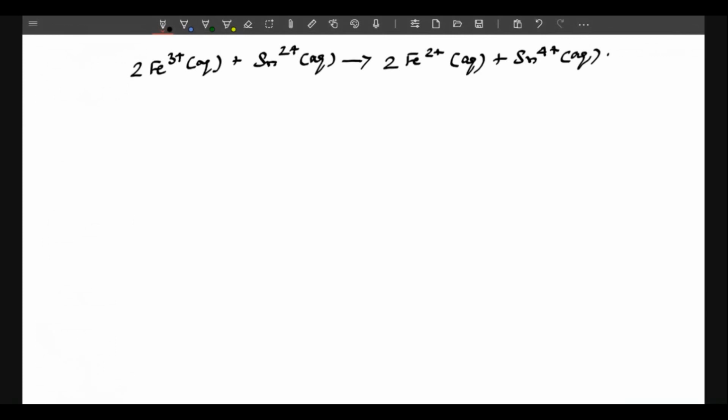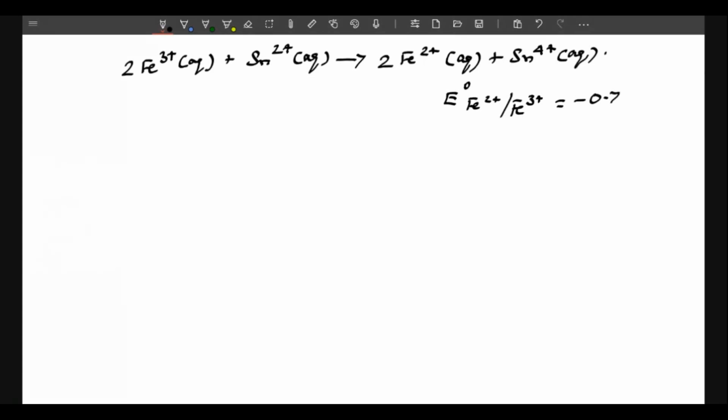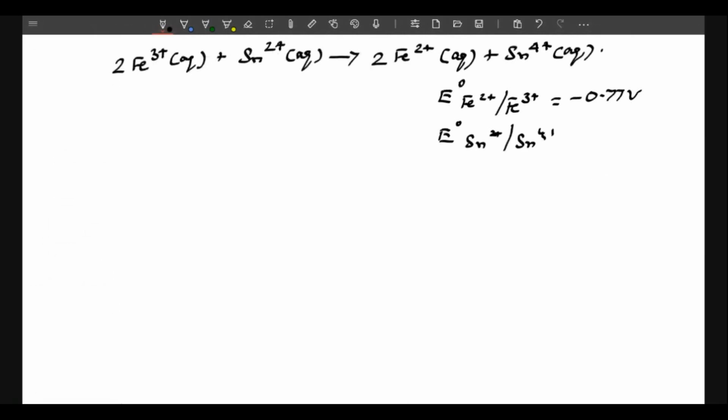And calculate the equilibrium constant for the reaction, given E naught of Fe2+ for Fe3+ is equal to minus 0.77 volt, and E naught Sn2+ for Sn4+ is equal to minus 1.5 volt. Now you can calculate E naught of the cell.